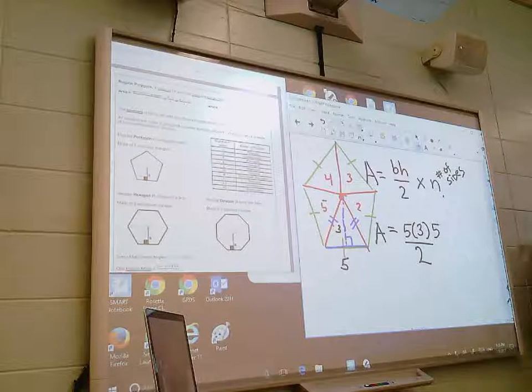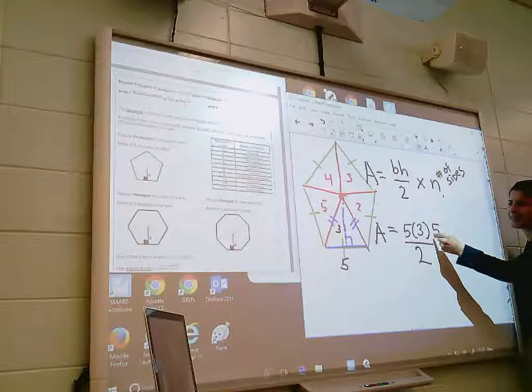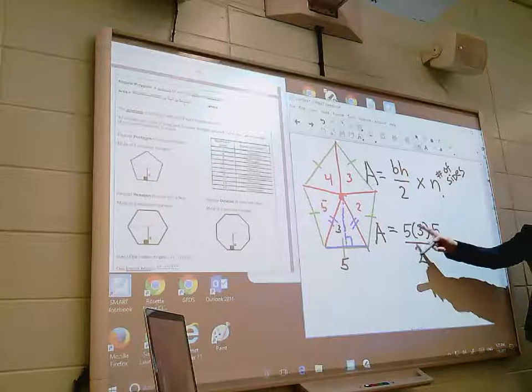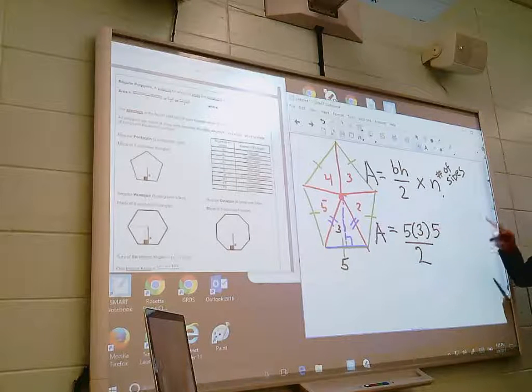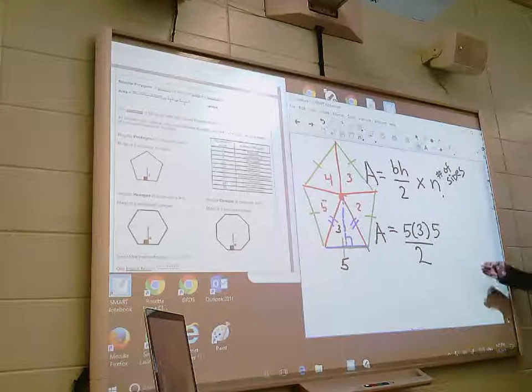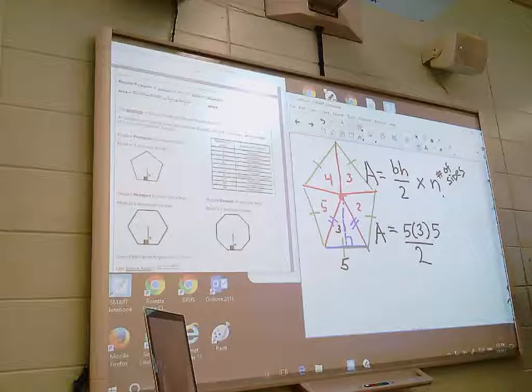Now, do I have to put a times in the middle, or do you guys get that this is a multiplication here? Yeah. So basically, I'm doing 5 times 3 times 5 divided by 2. And reality is that if you can do this, you know how to find the area of a regular polygon.